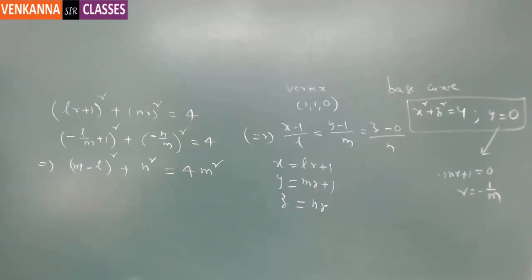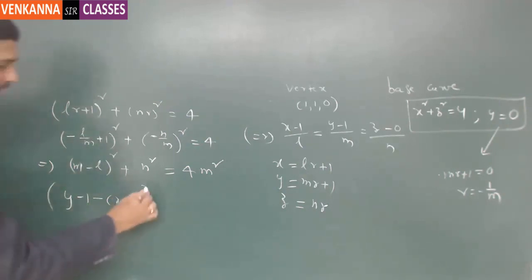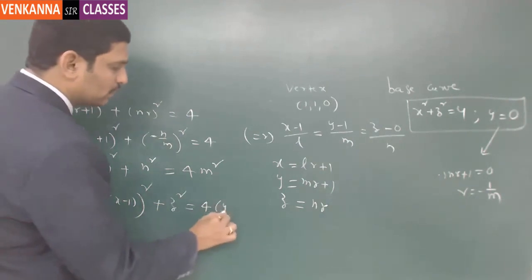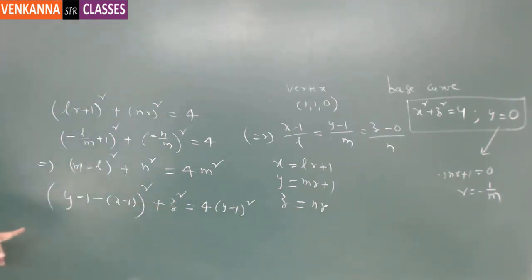Now in place of L, M, N from the generator equation, I am substituting the respective values, which gives that (y minus 1) times (x minus 1) whole square plus z square is equal to 4 into (y minus 1) whole square. So if you simplify, this is nothing but the respective cone equation.